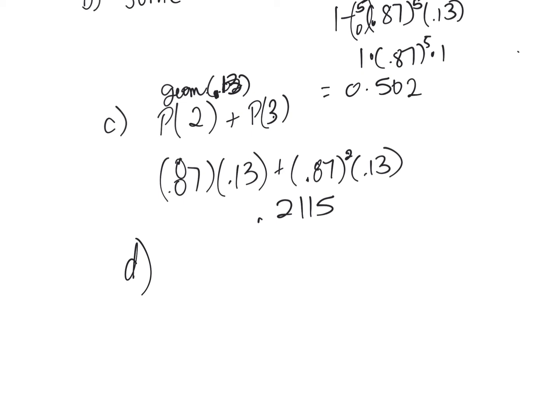You have to define the model and make sure to write down what you plugged into the calculator. Like I plugged in this, comma 2 plus this, comma, because you could technically do geometPDF 0.13, comma 2 plus geometPDF 0.13, comma 3.